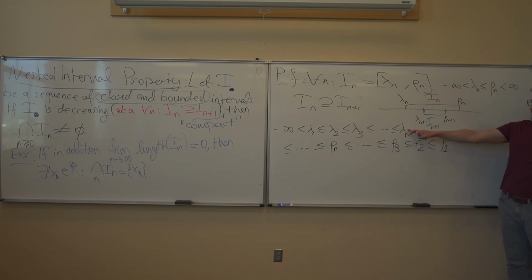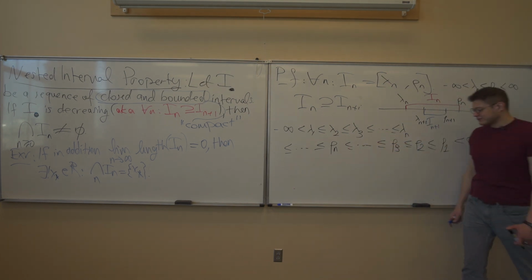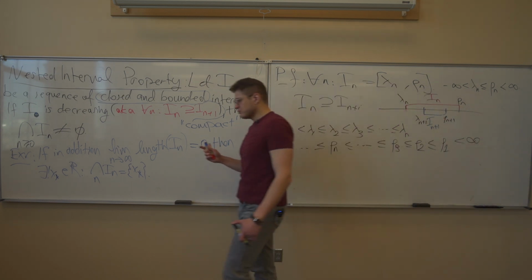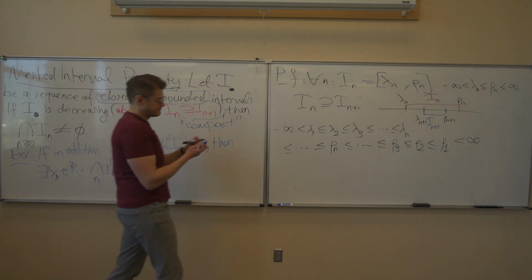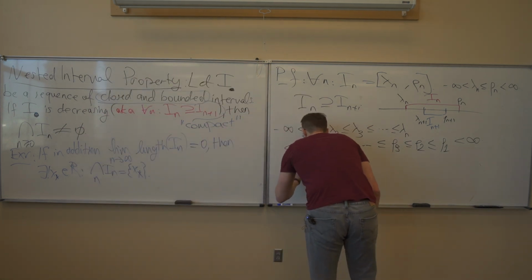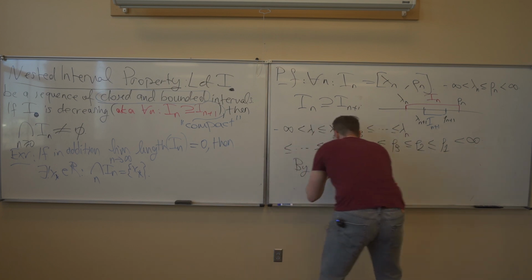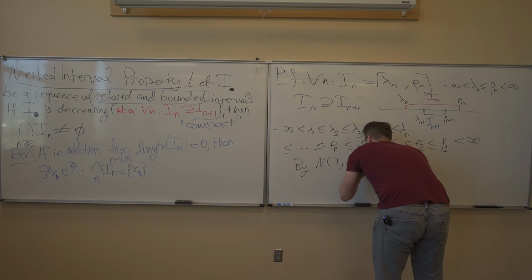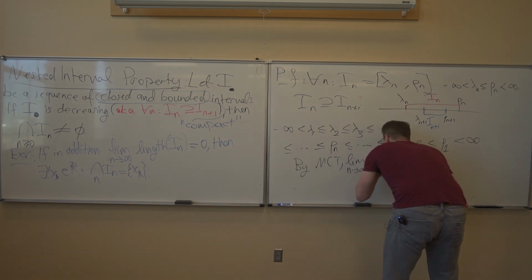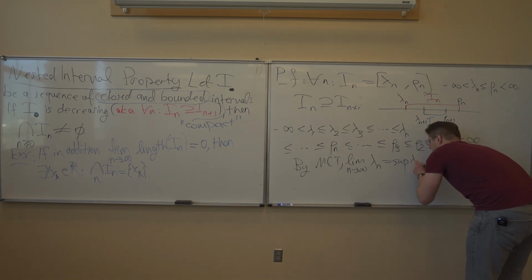Which means that lambda bullet is a sequence of real numbers that is bounded from above that increases, and rho bullet is a sequence of real numbers that is bounded from below that decreases. By the monotone convergence theorem, MCT, both of these converge. This limit is the upper bound.